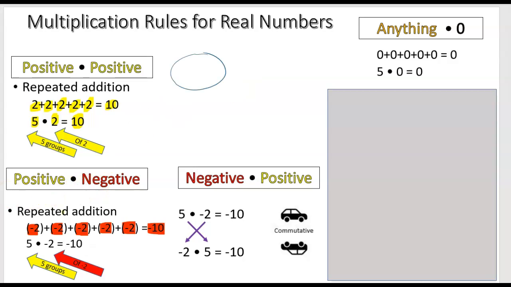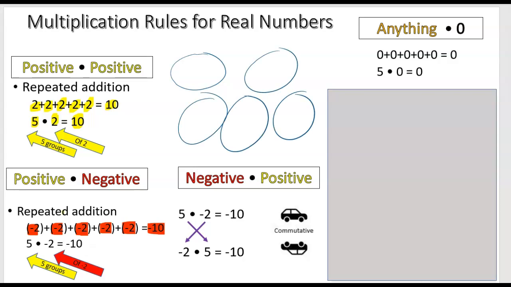There's a group of none, and a group of none, and a group of none, and a group of none, and a group of none. 0 plus 0 plus 0 plus 0 plus 0 is 0. That means 5 groups with nothing in them is still nothing. Okay, that's the proof for anything times 0.